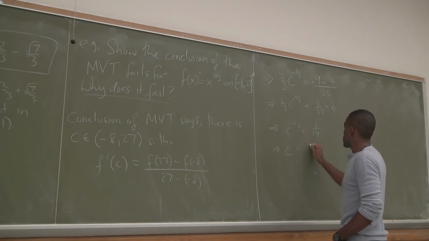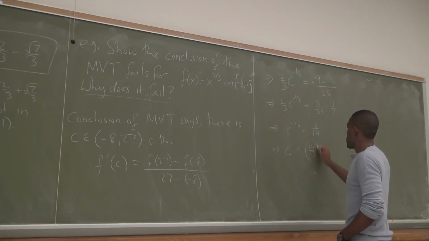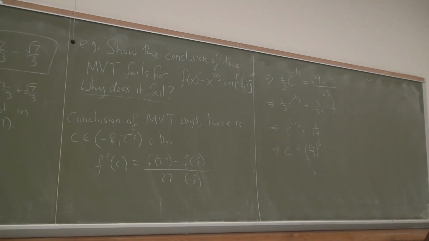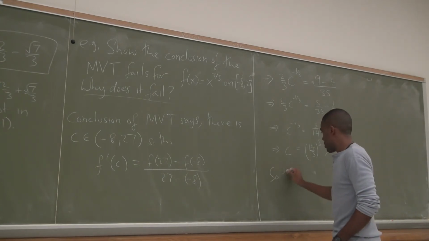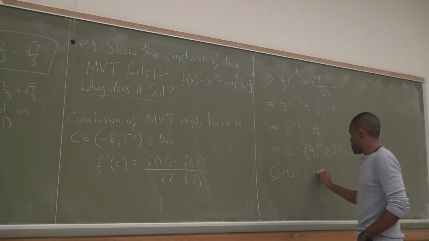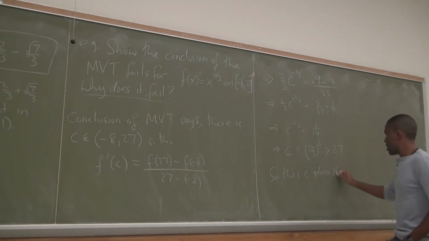c would be equal to 14/3 cubed. Now, if you actually know what that number is, that's actually bigger than 27. So this c does not work.